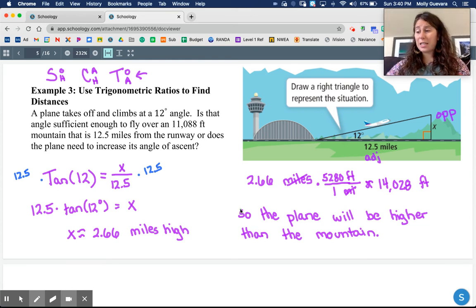So hopefully that makes sense. That's an example of how we would use our trig ratios.